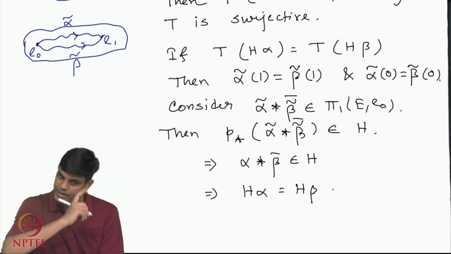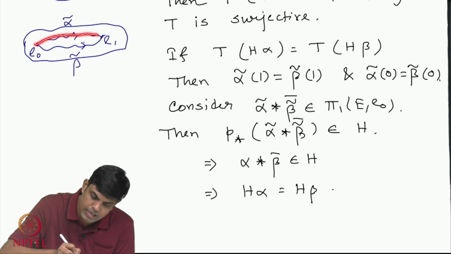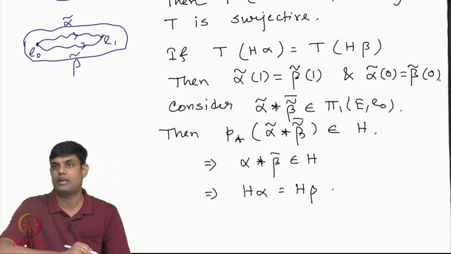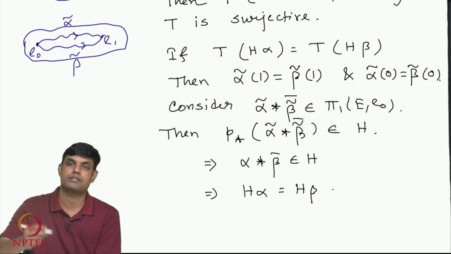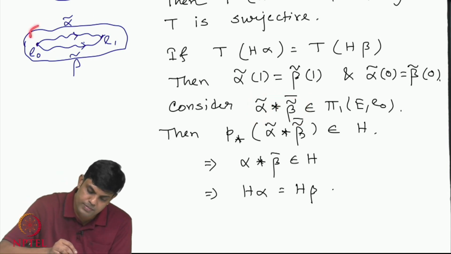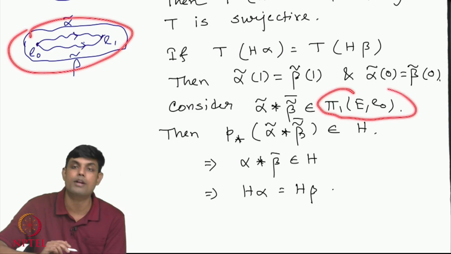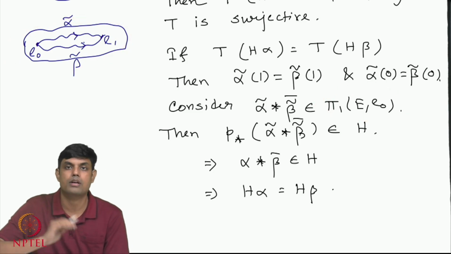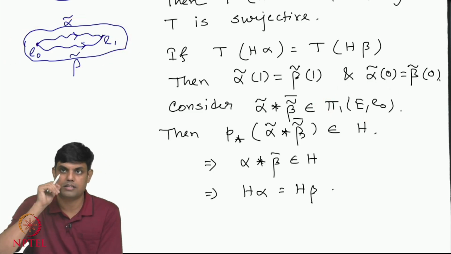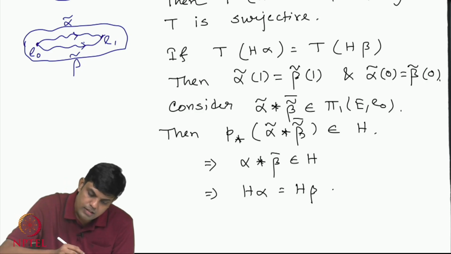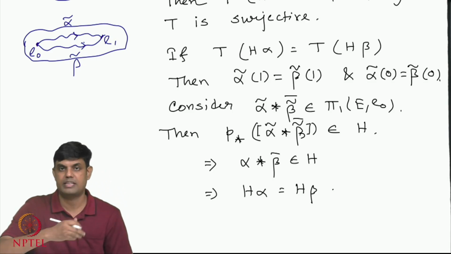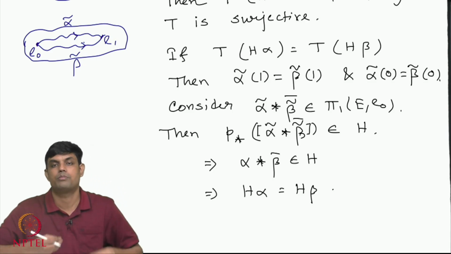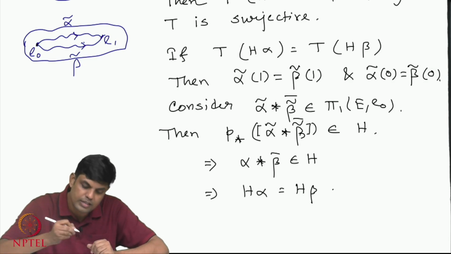So, in particular, I can consider this loop which goes via alpha tilde and comes back via beta tilde bar, which is the inverse element, and that forms a loop in pi 1 of E comma E0. Consider the homotopy class of the corresponding loop; the induced homomorphism takes this to H, because H is the image of the homotopy classes of loops based at E0, and this is one such loop.